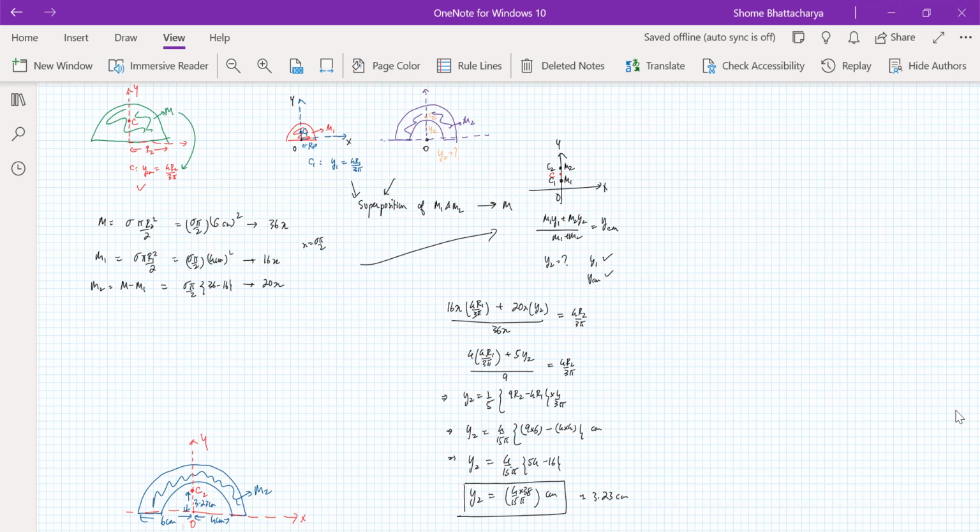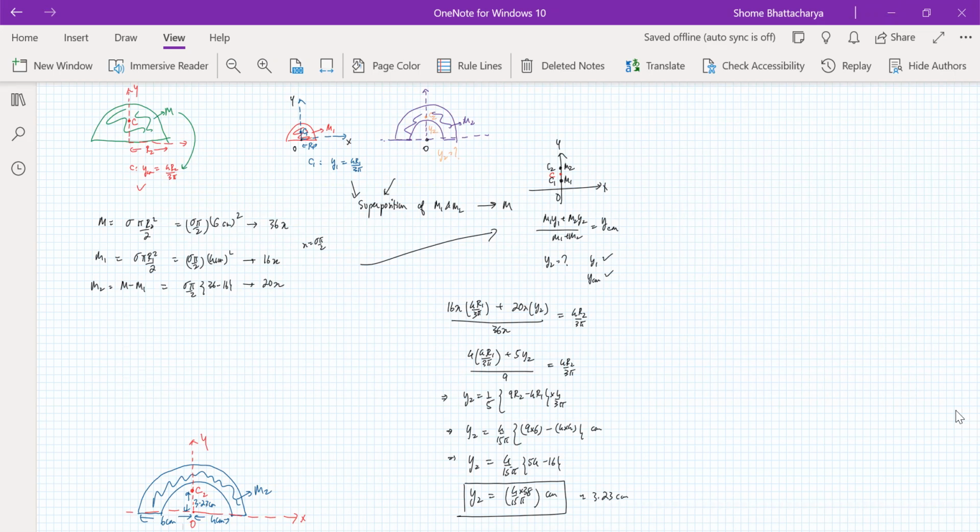Their superposition will result in the center of mass at M1 Y1 plus M2 Y2 divided by M1 plus M2. So it's like a reduction method: you have a body of certain mass and you know its center of mass. For the purpose of center of mass, you can replace that entire body with a particle of that total mass placed at its center of mass.